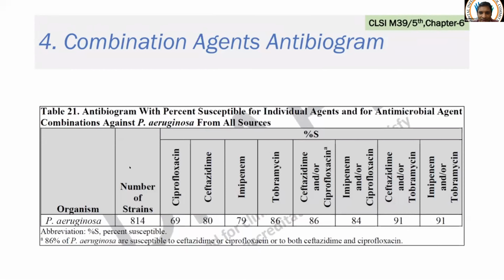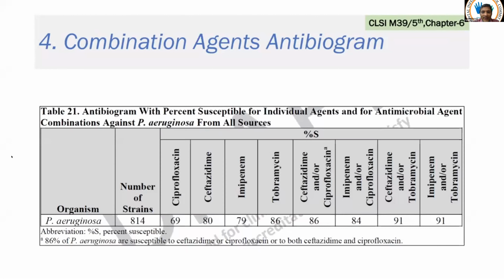Deepashree, I want to interfere. Yes, sir. There are some indications of double gram negative coverage. For example, an oncology patient having a past history of MDR infection, or having a rectal isolate of MDR.